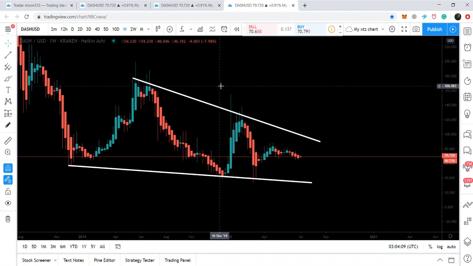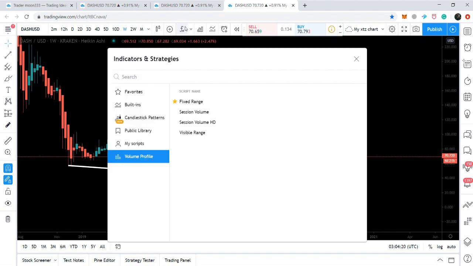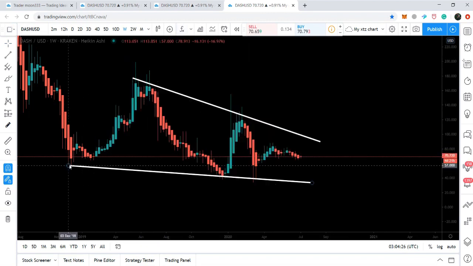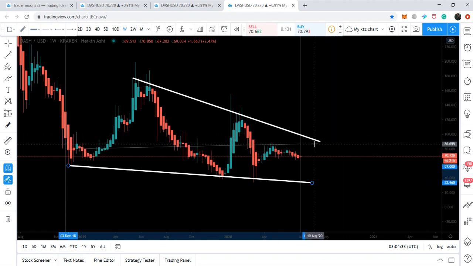If we try to find the reason why the price action is moving sideways at the center of this falling wedge pattern, the basic reason is this: if we place the volume profile on the complete price range moving within this falling wedge pattern up to this level.